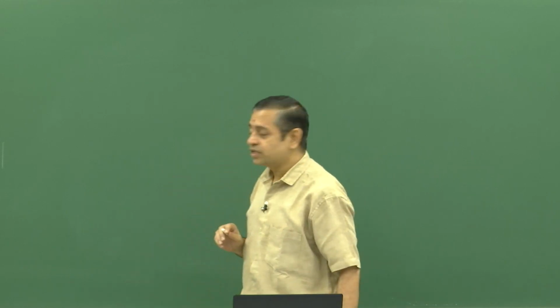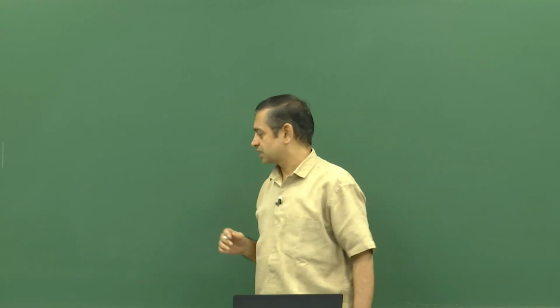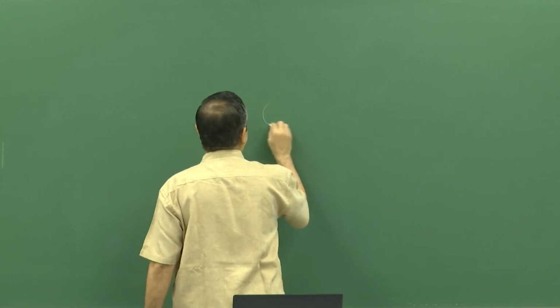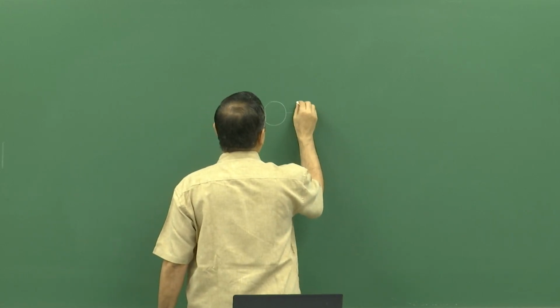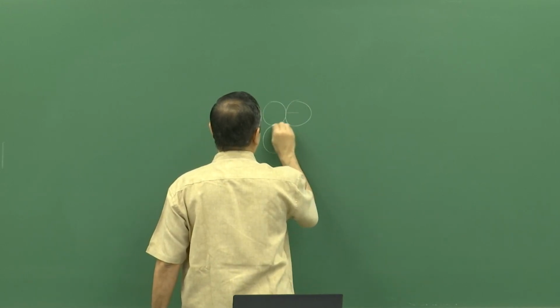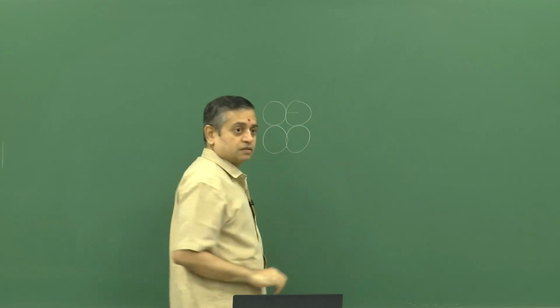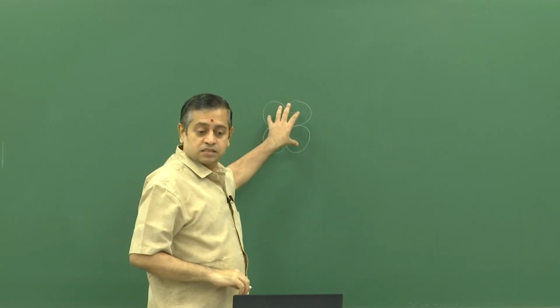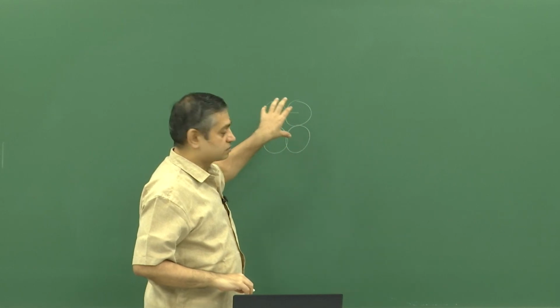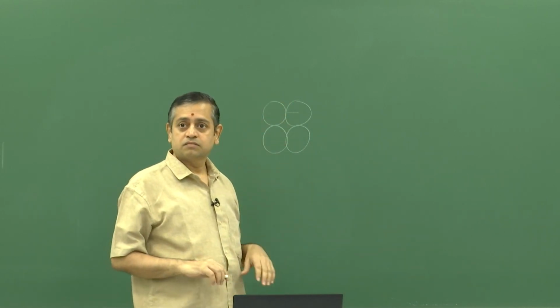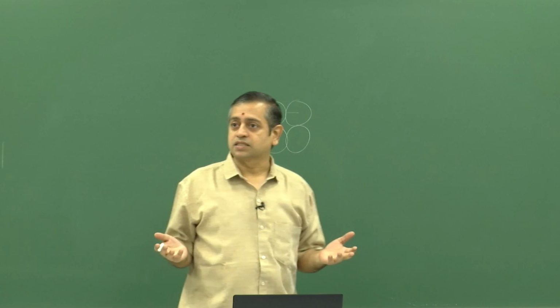But there is another way to think about the crystal structure, that is to think of stacking. Let us say that I take 4 atoms like this, and then I keep stacking one on top of another. You will also get a cubic crystal, right.